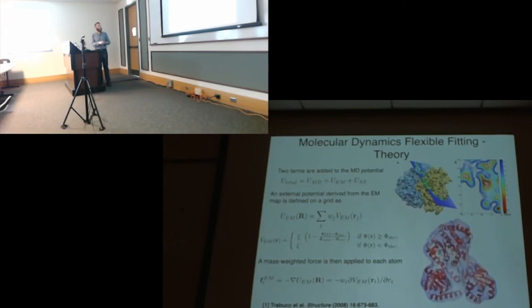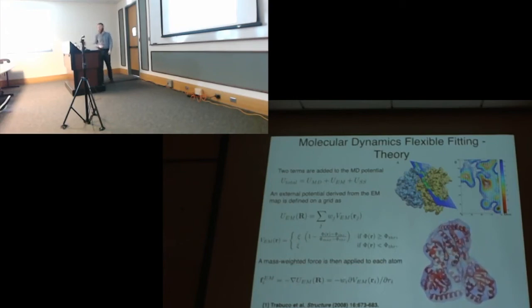After we create this potential, we feed it into NAMD, like I said, using something called the grid forces feature of NAMD. Then we can calculate forces from that potential that push each of the atoms from low density into high density regions. And we have a couple different ways of controlling these forces with a global scaling factor and per atom weights.